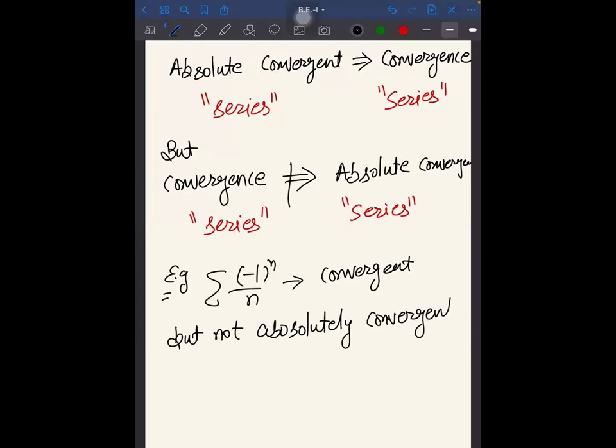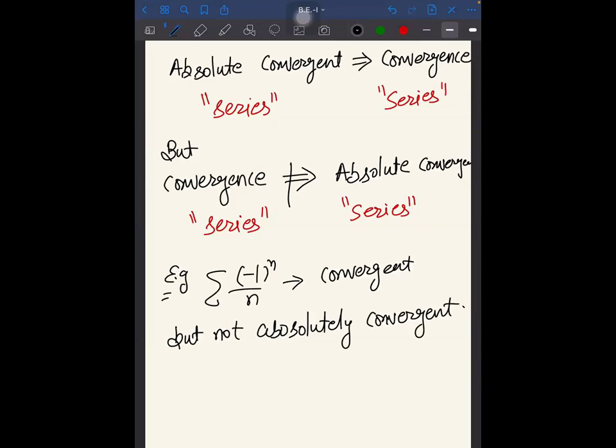How are you gonna prove that this is convergent? Leibniz theorem. Exactly. Leibniz theorem से. And how are you gonna prove that कि ये absolute convergence नहीं है? Modulus. फिर उसके बाद P test से. Yes, you're gonna prove it by P test.